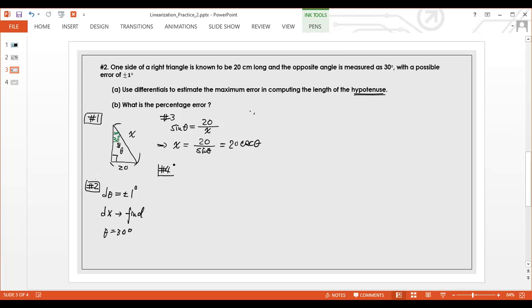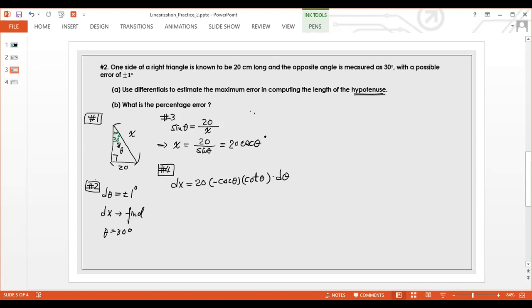Now step number 4: let's take the derivative of both sides. So this is dx, and this is 20 times the derivative of cosecant, which is negative cosecant theta cotangent theta, and don't forget the d theta here.